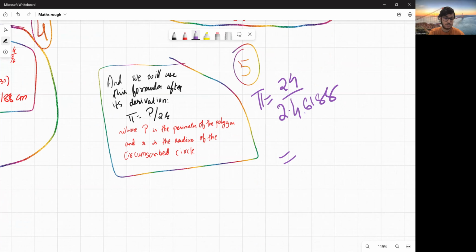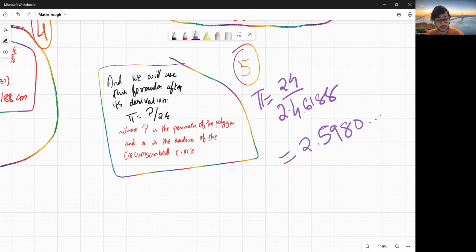Let me just double check it. So it's going to be 24 divided by 2 times 4.6188. Yep, it gave you 2.598, and so forth. So that's the value of your pi right here.